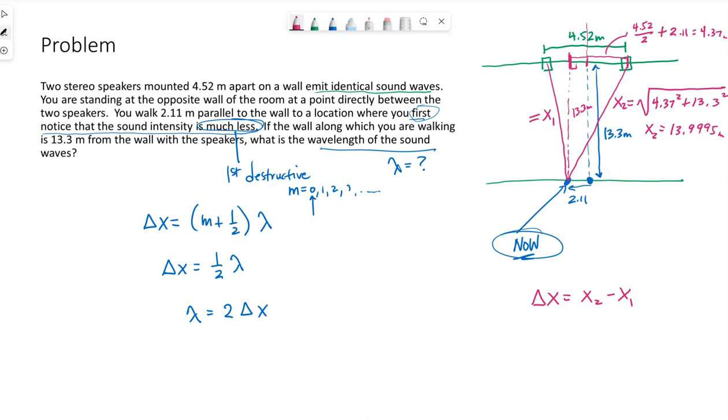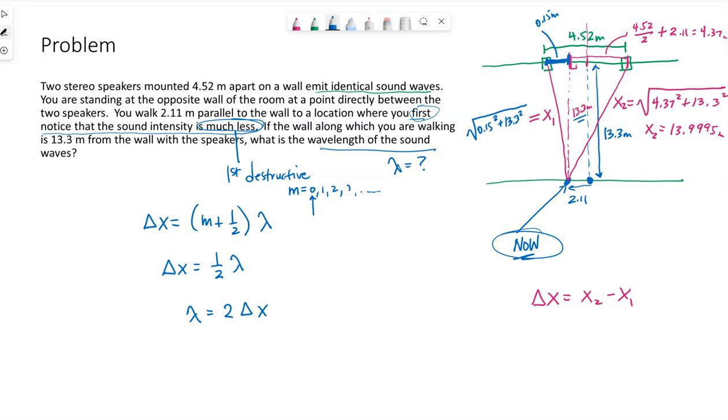Similarly, x1, we need to figure out this distance right here, which would just be 4.52 minus the 4.37. So this side, 0.15 meters. This side is the 13.3. So I expect we'll get essentially 13.3.